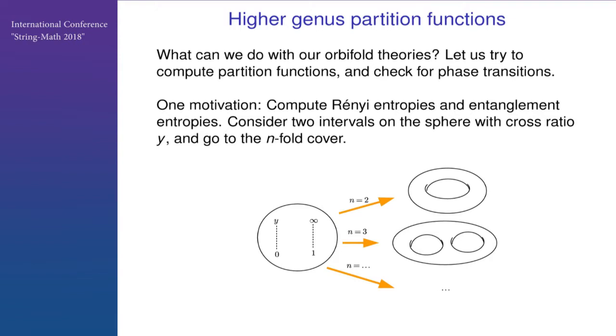So the configuration for the Renyi entropy that we're interested in is the sphere with two intervals, which we'll set at 0, 1, y, and infinity. So y is the cross ratio. And then we want to compute the corresponding nth Renyi entropy, where in practice n is going to be 2 or 3. And then by the usual trick, we can map it to an n-fold cover. So for n equals 2, we get a genus 1 torus, and for n equals 3, we get a genus 2 Riemann surface.